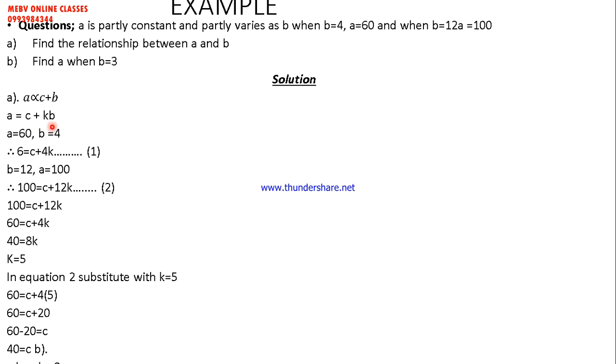I hope you are seeing the pointer that I'm using to highlight the equation. So you substitute the values. We have been asked to find A when B is equal to 3, and we have found C to be equal to 40. Then we put 40 here, plus K is 5, times B, which is 3. So 5 times 3 is 15, and 40 plus 15 is 55. Therefore A is equal to 55. That's the final answer.